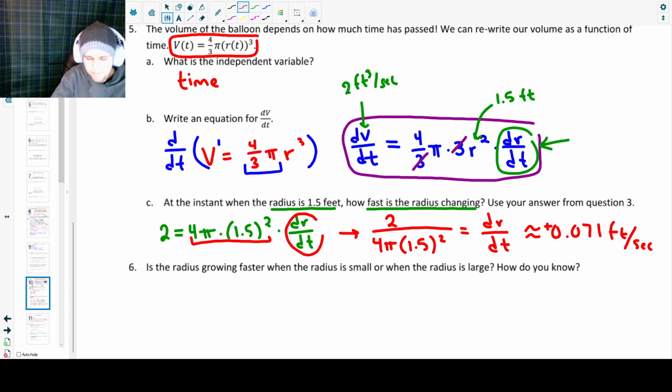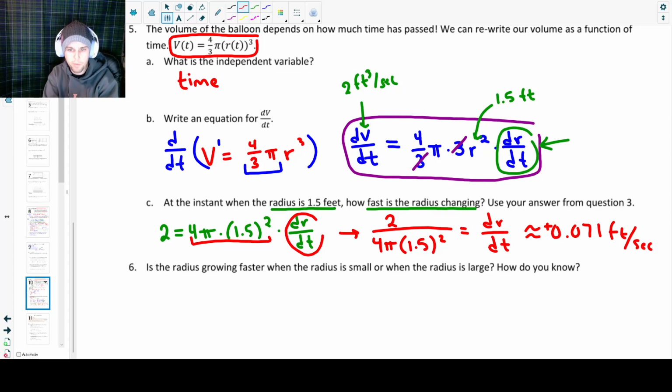How do you know? Now, this is one that, if you have experience blowing up a balloon, will make sense. Initially, your balloon is flat, and we'll just say the radius is 0. At the very beginning, that balloon gets bigger really quick.